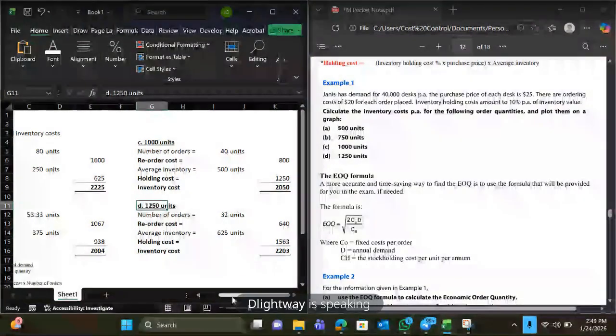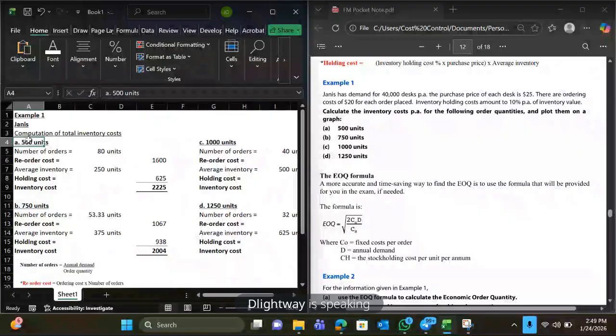We computed for 500 units, 750 units, 1,000 units, 1,250 units. Now, the higher the units that is being ordered, I'm not talking about the number of orders, I'm talking about the order quantity. Look at the question. The question says calculate the inventory cost per annum for the following order quantity. The order quantity is different from the number of orders. So the higher the order quantity, the higher the inventory cost.